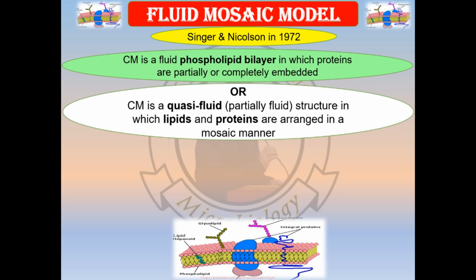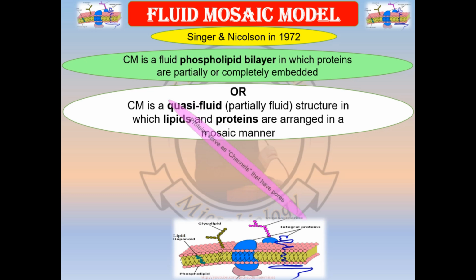Why do scientists name the structure of the cell membrane a mosaic? The term mosaic shows a picture or pattern produced by arranging together small pieces of stones, tiles or glass. So the structure of the cell membrane also looks like a mosaic.